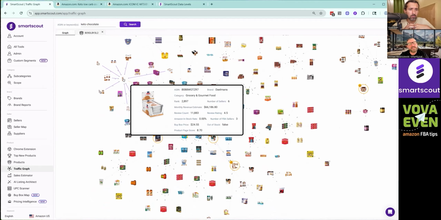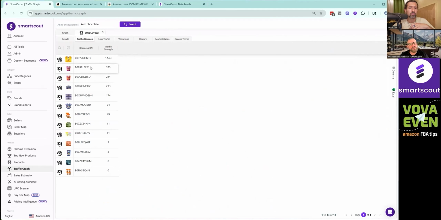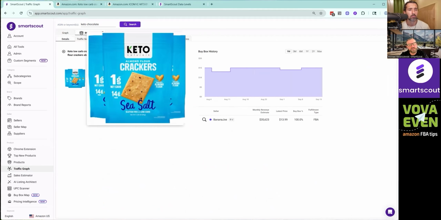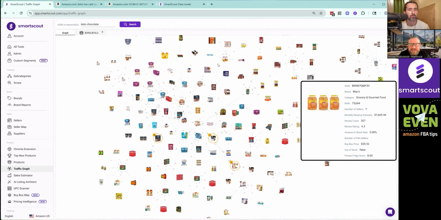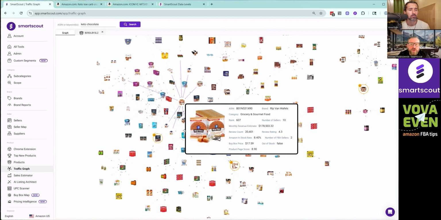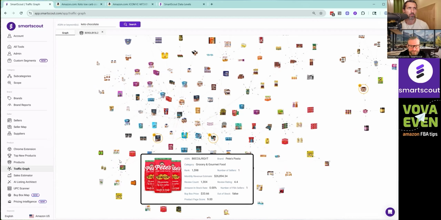So what we can see is all those products around the circle, or I can double click on it. In that example, I clicked on this guy, and you'll see all these 13 ASINs. If I'm on their product pages, we've identified them showing frequently bought together, and then it was this guy showing up. So imagine I have a keto chocolate product and I want to boost my traffic. I'm going to identify a basket of products that have a lot of traffic coming in.